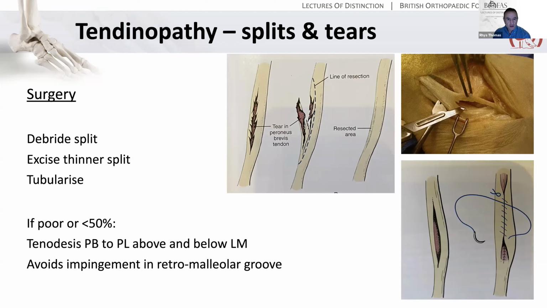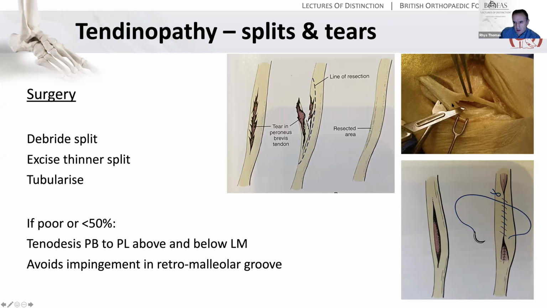With splits, you can debride the split. If you have a partial tear, you can excise the tear, and sometimes you can just leave it at that. Usually you'll find a longitudinal split which has gone right through the tendon. You've then got to decide which of these parts is the most normal, and usually excise the most abnormal part.